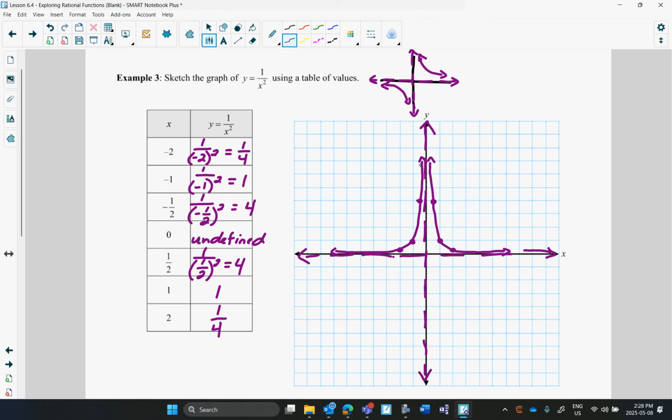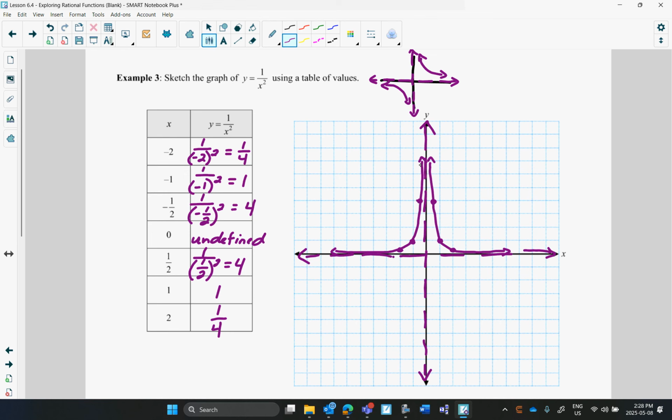Pretty similar to the previous one, except it kind of makes sense that this section would be flipped up, because when we square something, if it's already negative, doesn't it make it positive? So in a way, we kind of flip that up. So that's what x squared looks like.